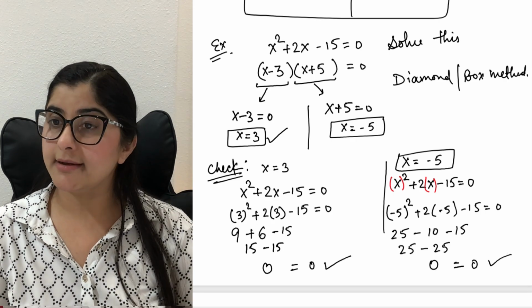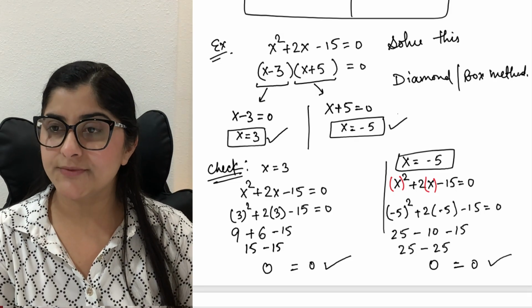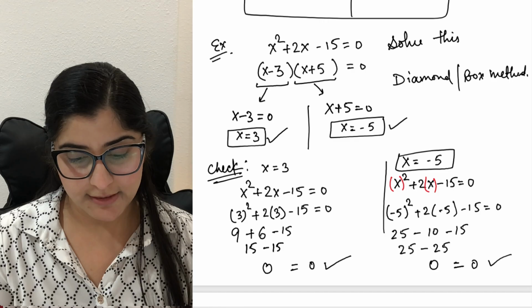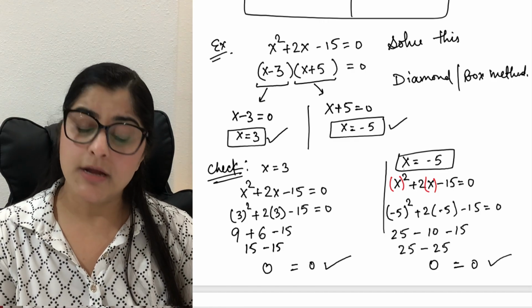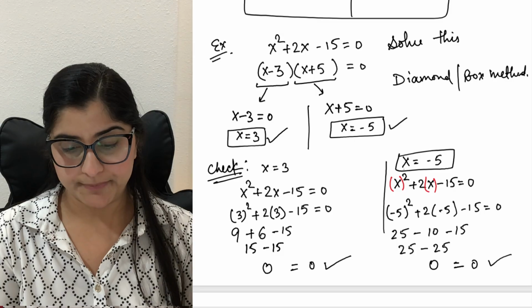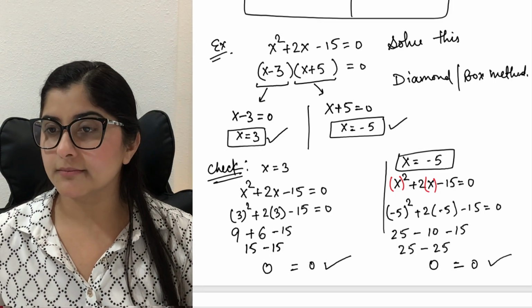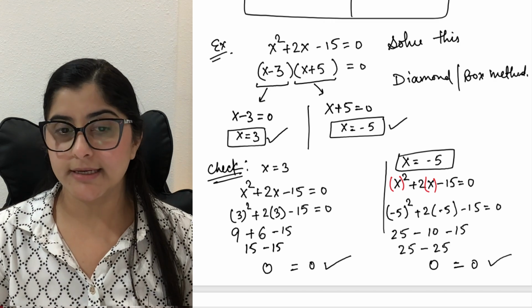So we get left hand side equal to right hand side. That means x is equal to -5 also satisfies the given equation. So this is the correct solution as well. So we get two solutions which make our given equation true. This is how we use the zero factor property to solve a quadratic equation.